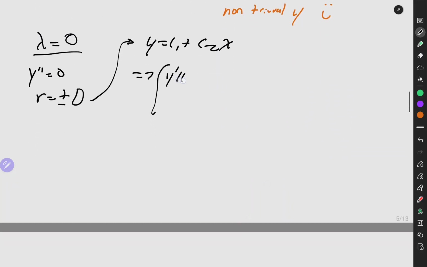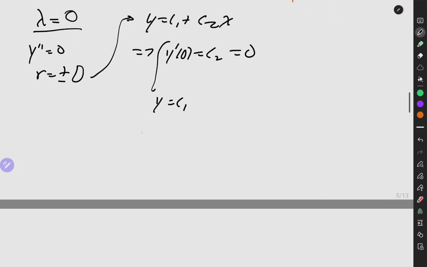Yeah. That's C2 is 0. So then we have y equals, oh, look at that. Y equals C1. See, this is exactly what I wanted. I can already see, yeah. Because look, if you take the derivative of this again, this is just going to be 0. It doesn't give you anything, so you stop right here.